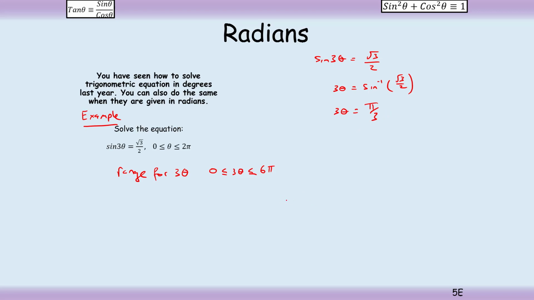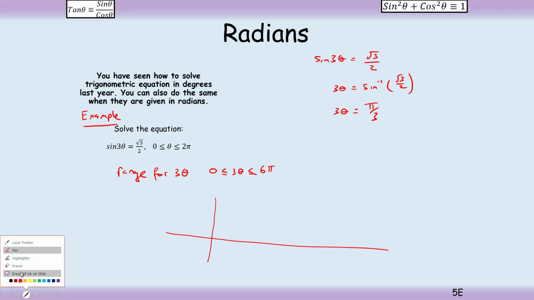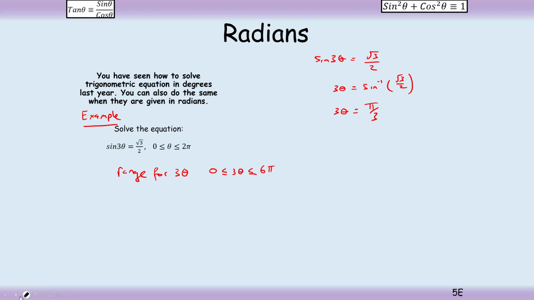If we do a quick sketch here of the sine curve and have a look how far that will stretch. Let's try again.